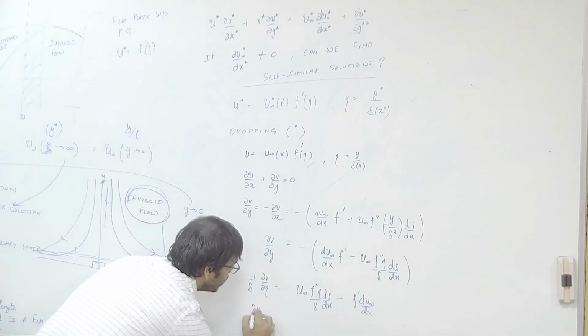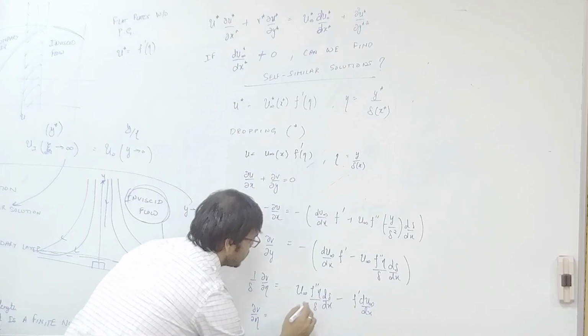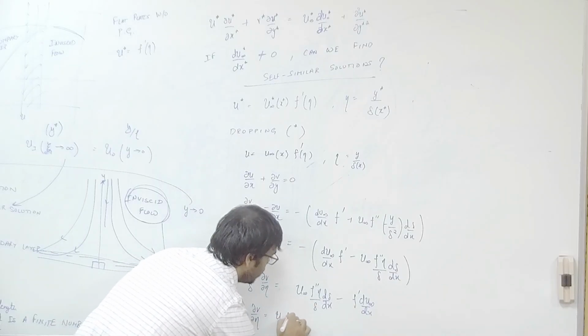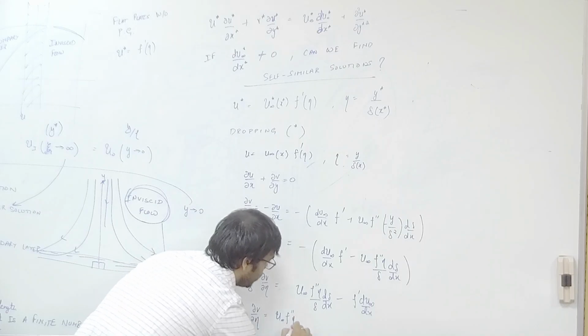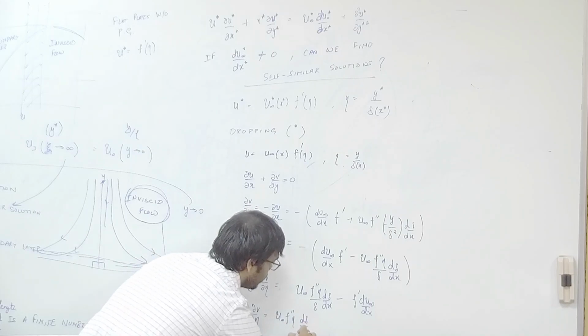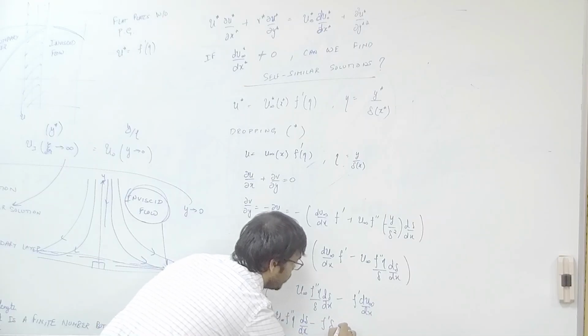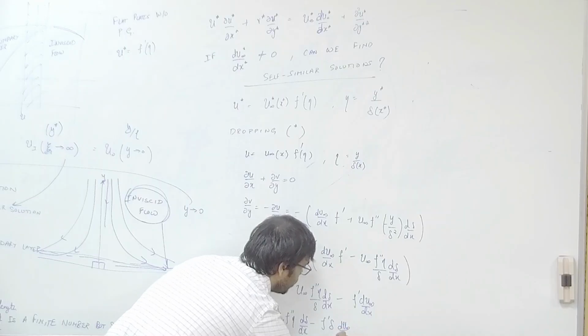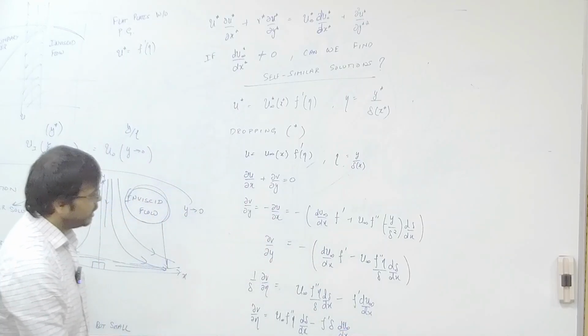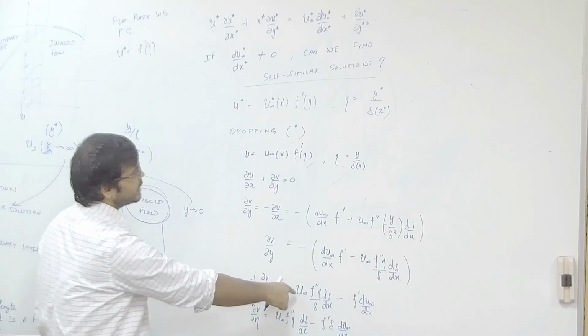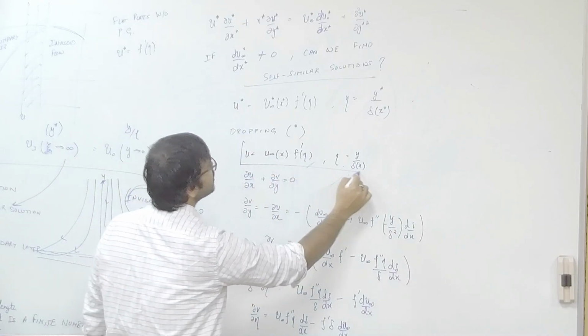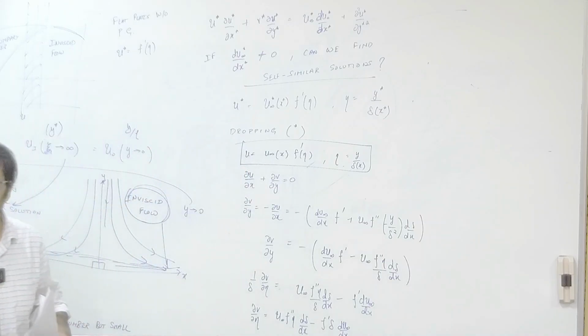So del v over del eta is u infinity. The good thing about this is that your independent variables are, instead of x and y, they are now x and eta.